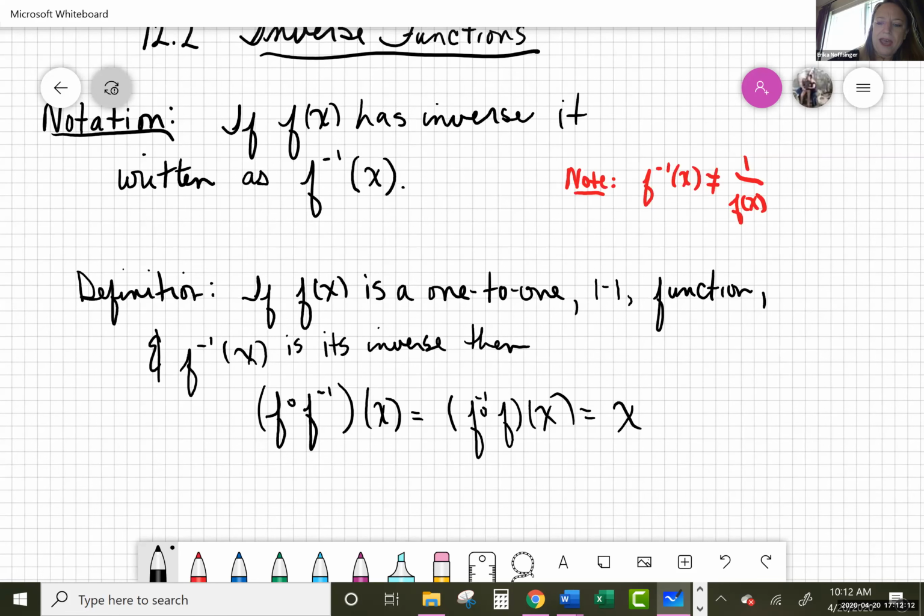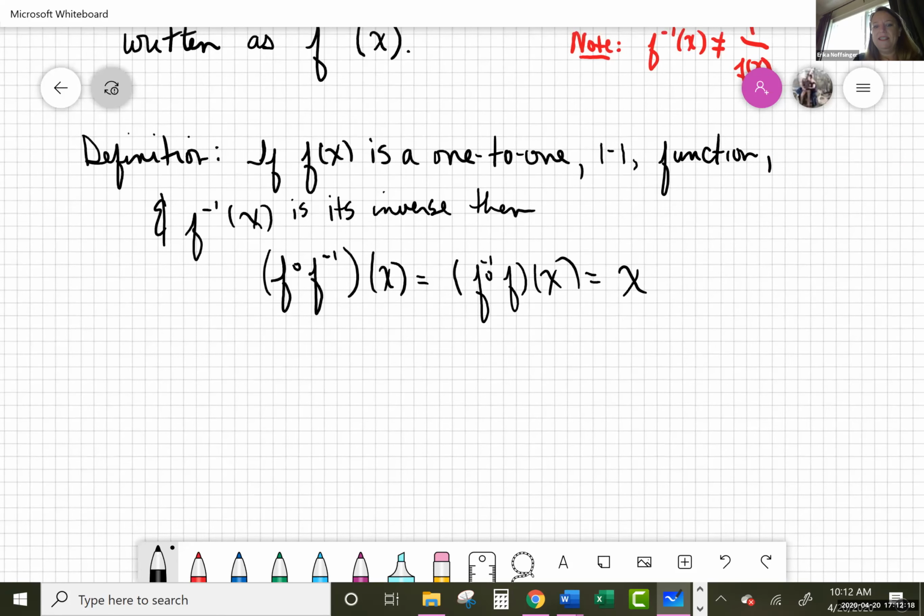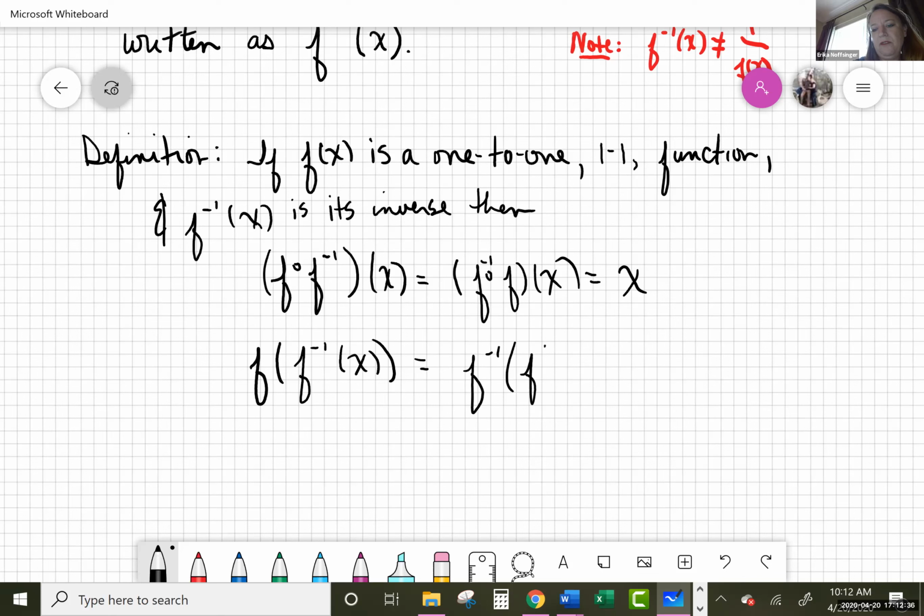This is going to give you back x. Another way to write this, the one that I prefer, is f parentheses the f inverse of x, like this. Doesn't matter what order. Only when they're inverses of one another, you're going to get back x.